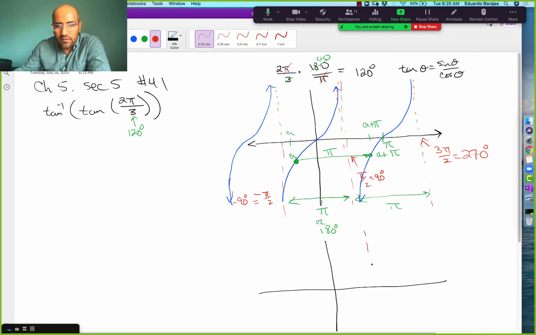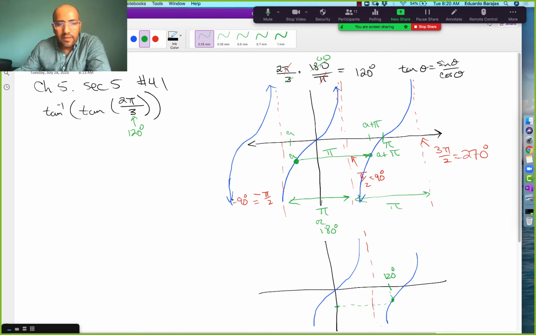We have this asymptote that comes this way, and tangent goes over here like that, and then this thing comes over here and goes that way. 120 degrees is over here somewhere, and that leads to some number, and that number is going to be something over here.